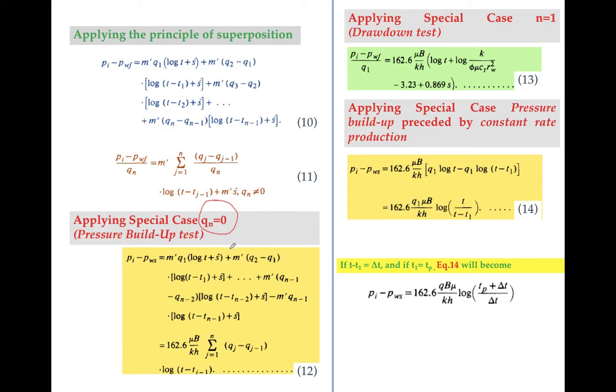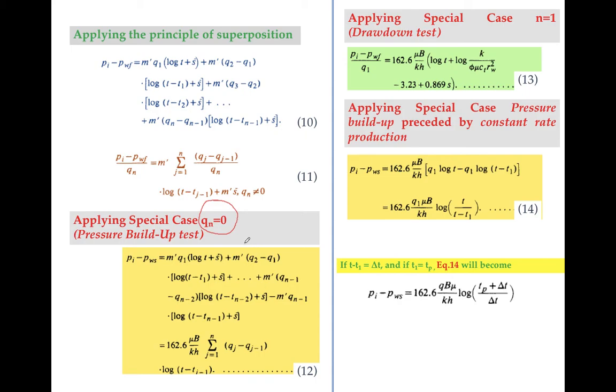Your last flow rate, whatever the past rates are, is 0. If you put this into the equation, you will find the simple equation of pressure buildup.